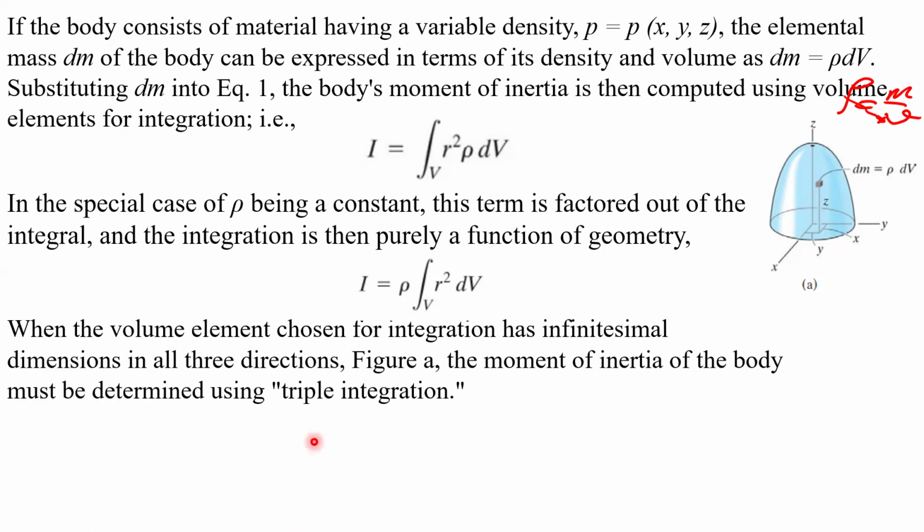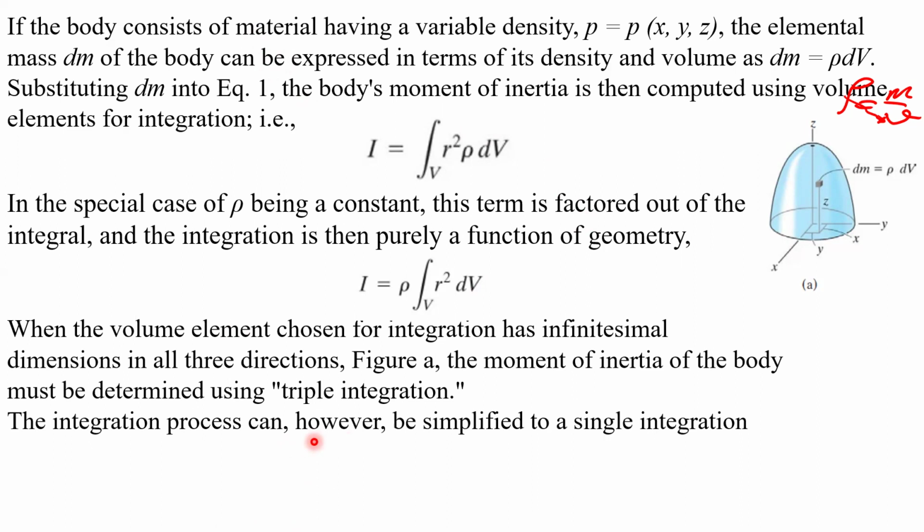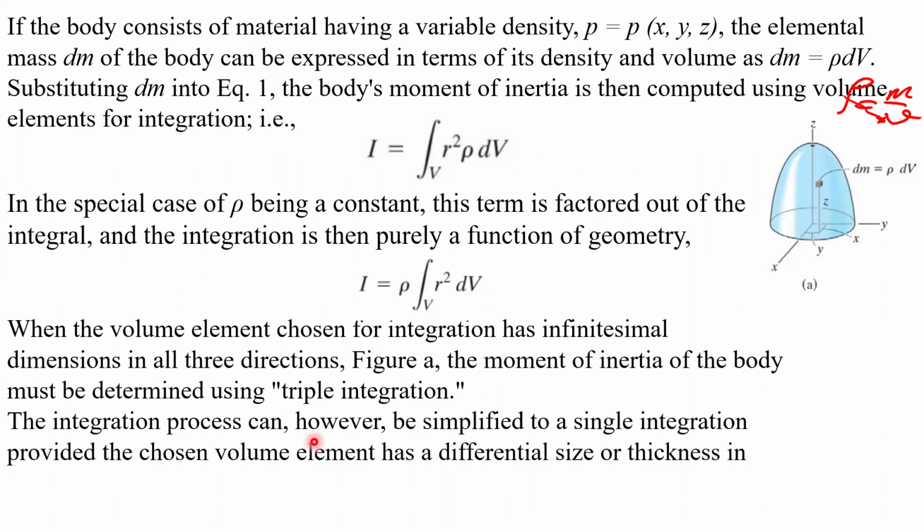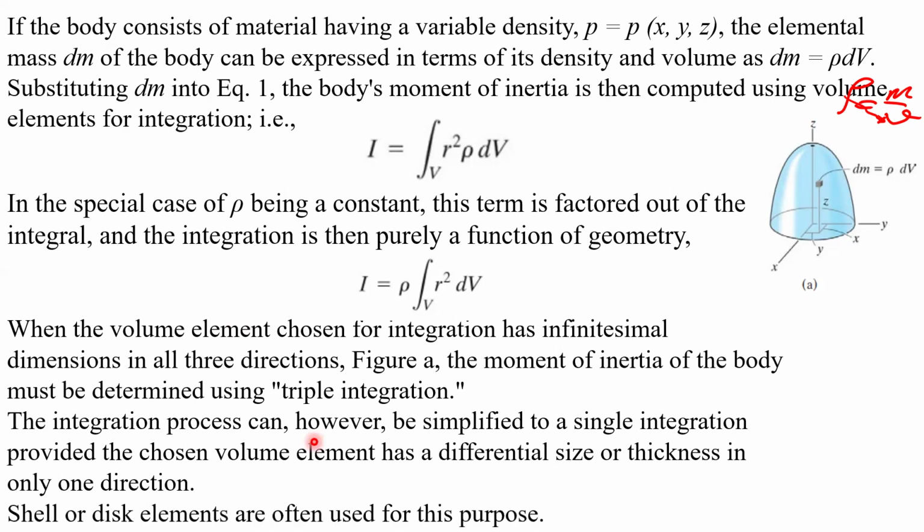The integration process can, however, be simplified to a simple single integration, provided the chosen volume element has differential size or thickness in only one direction. So shell or disk elements are often used for this purpose.